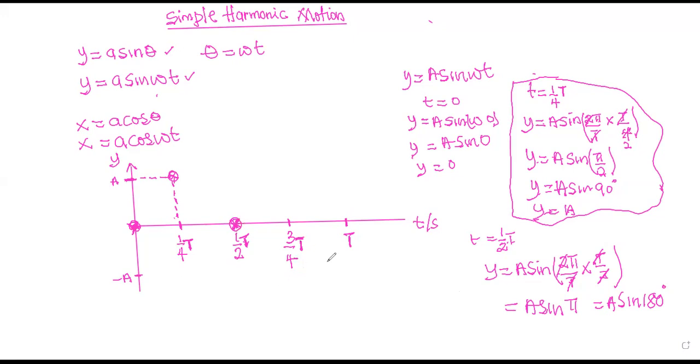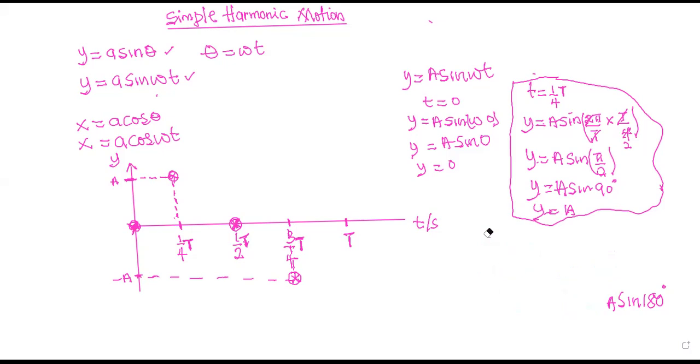Then for 3/4, we have solved it, and we realize that it will be equal to the negative of the amplitude. So let's plot that without wasting time, because we have already solved for 3/4. Then when t is equal to the whole period, what will be the displacement? Please do this for me.